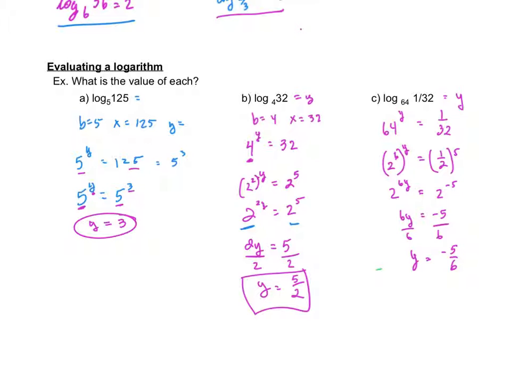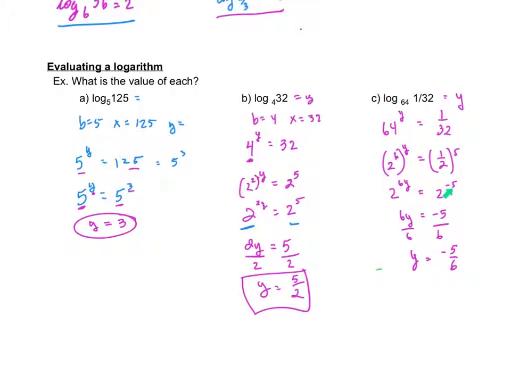And what I've done here is 64 is going to be 2 to the 6th power. So I end up on the left-hand side having 2 to the 6y right here. And then on the right-hand side, I know that 1/32 is actually going to turn out to be 1/2 raised to the 5th power.